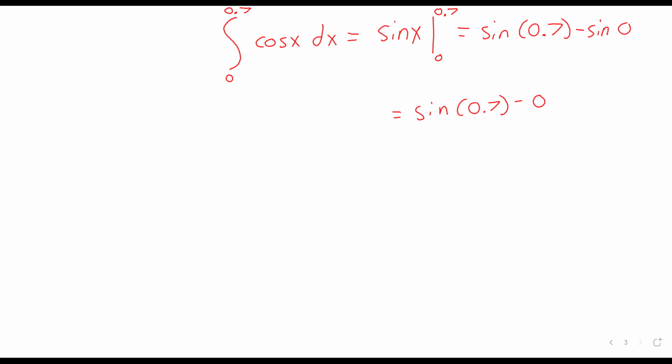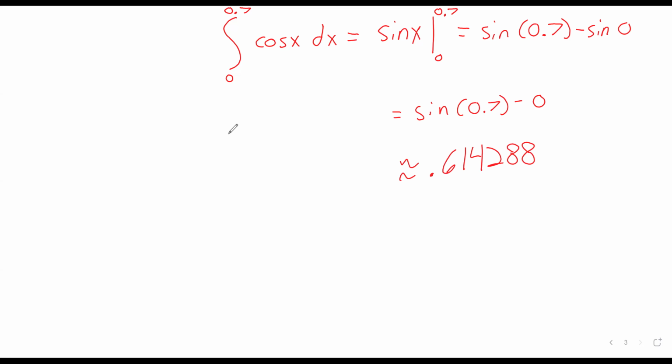So let's go back to Wolfram Alpha. And we type in the sine of 0.7, and we say, well, it's about 0.644218, if I'm remembering that correctly.